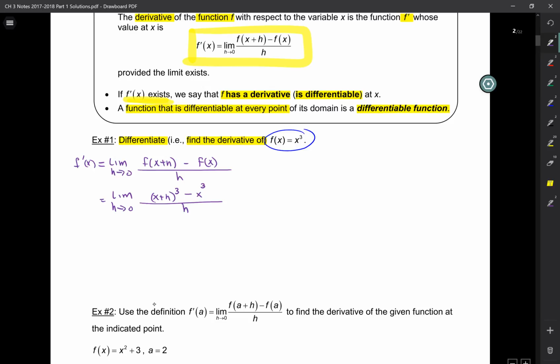all over h. Okay, now let's do x plus h cubed here on the margin. Okay, x plus h cubed is x plus h, x plus h, x plus h. Now, there is obviously a shortcut to do it.